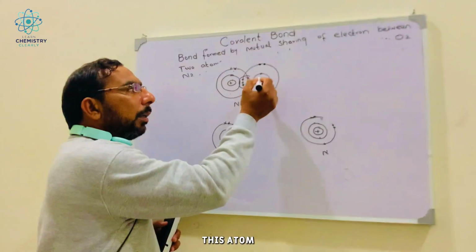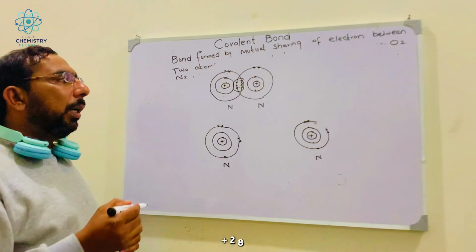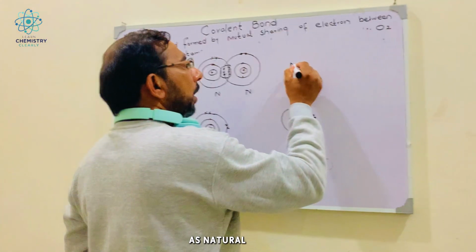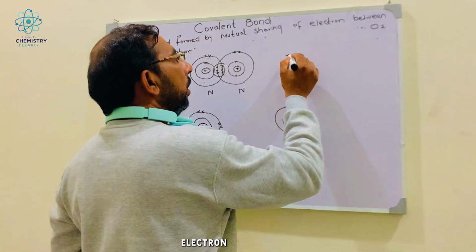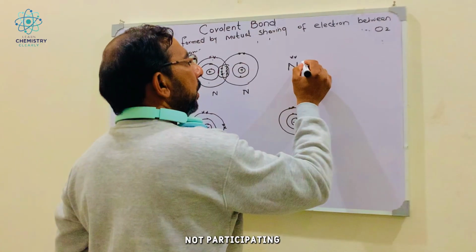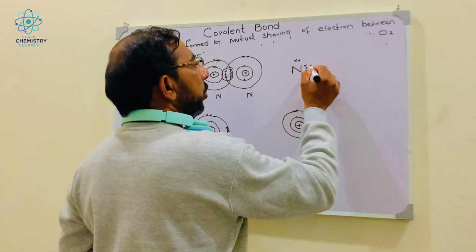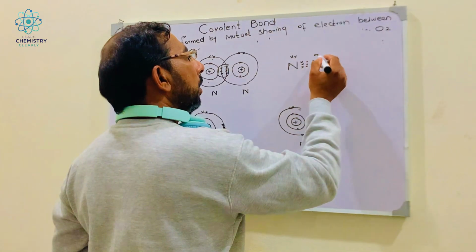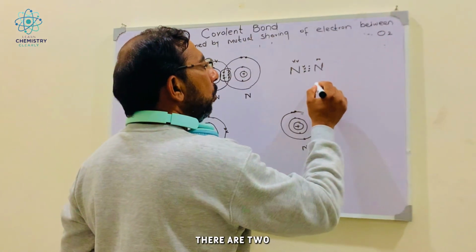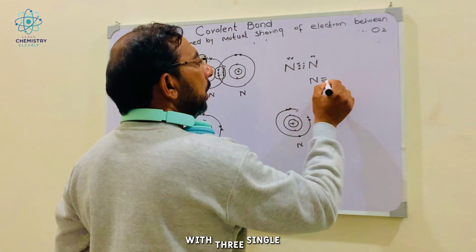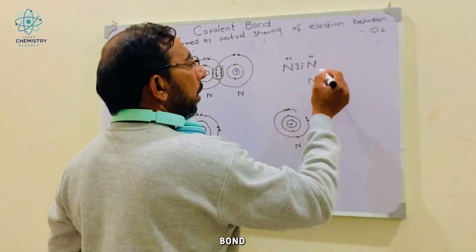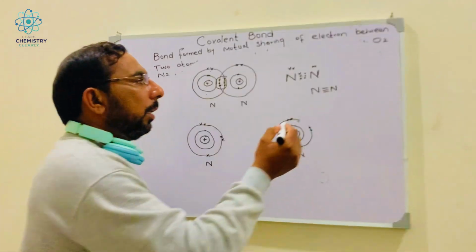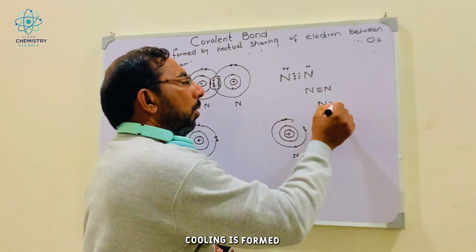And for this atom, 6 plus 2, 8 and its octet is complete. If I write this as nitrogen atom, it has 2 electrons which are not participated in bond formation. This is the other nitrogen atom. It has 2 electrons, and now these 2 atoms are bonded with 3 single bonds which is called triple covalent bond. And this is how the molecule of N2 is formed.